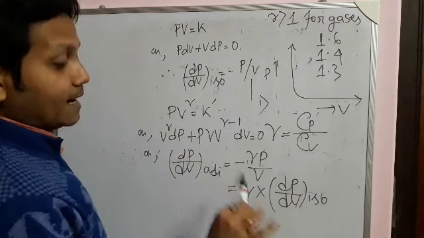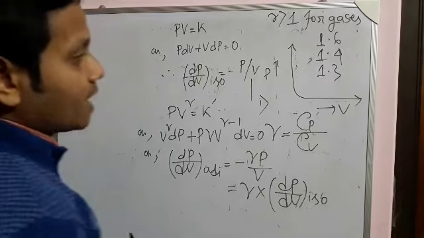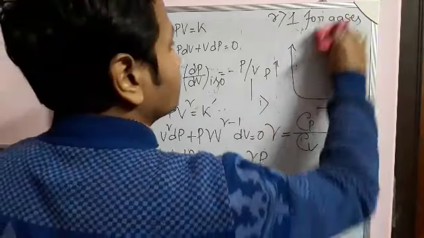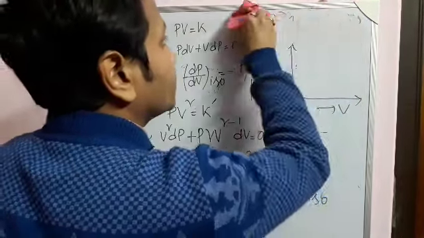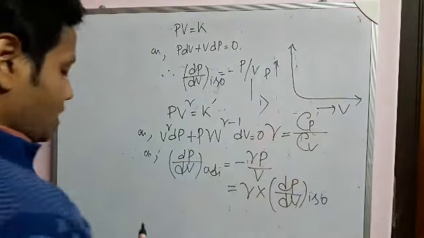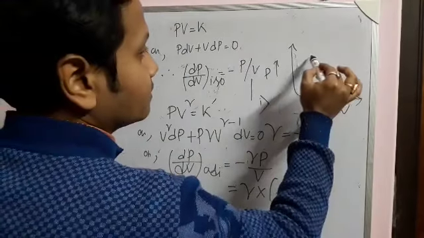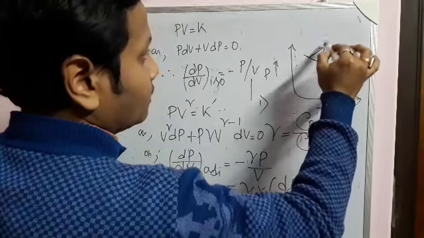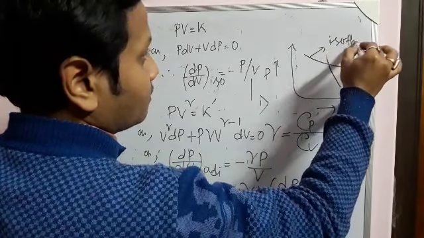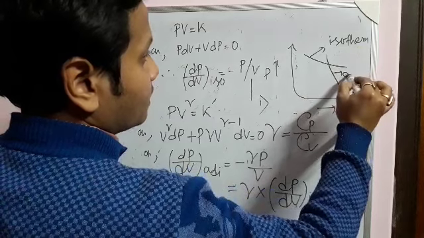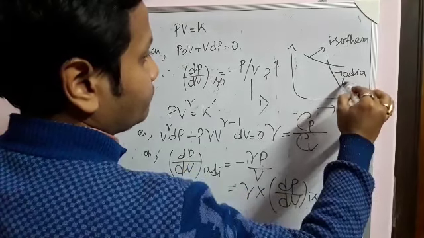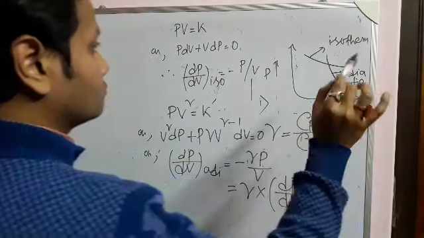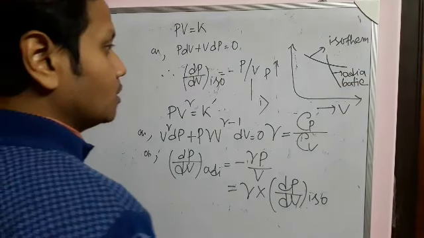That's why adiabatic curves are steeper than isothermal curves, because the slope of the adiabatic curve is always larger. If we draw it, this is the adiabatic and this is the isothermal. So this is the result.